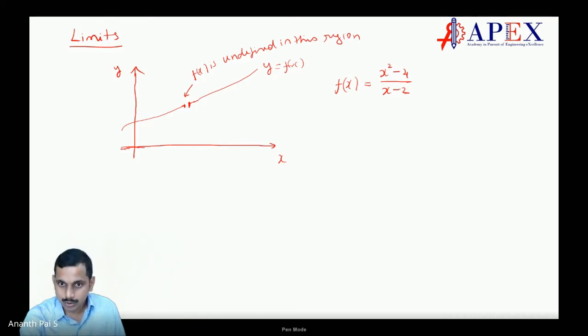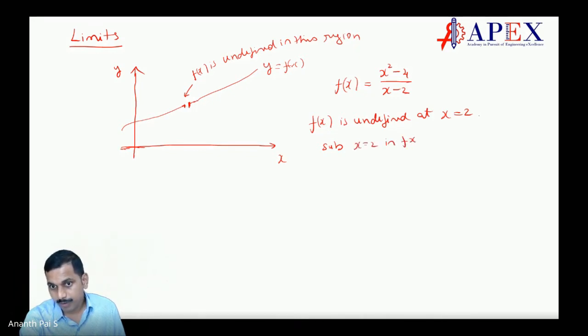So f of x is undefined at x is equal to 2. Why? Because when you substitute x is equal to 2 in f of x, what do you get?